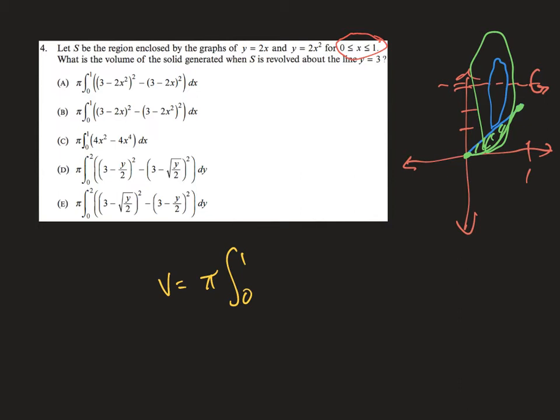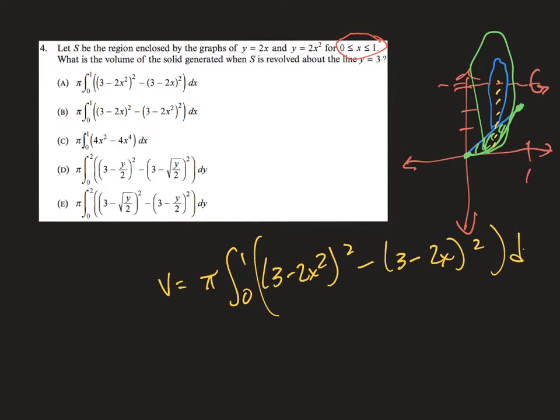So that's going to be 3 minus 2x squared, minus the blue one, which would be 3 minus 2x squared dx. All right, I think I've got that right, so let's see which letter that is. That is going to be letter A, which is this one here.